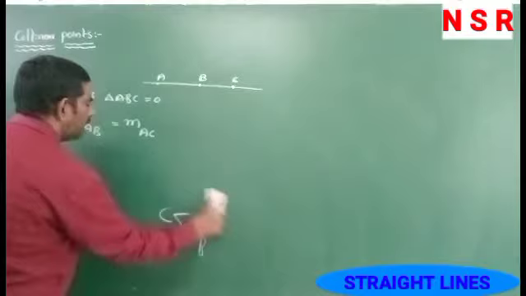So again we have another condition, the third one: the point C satisfies the AB straight line equation.